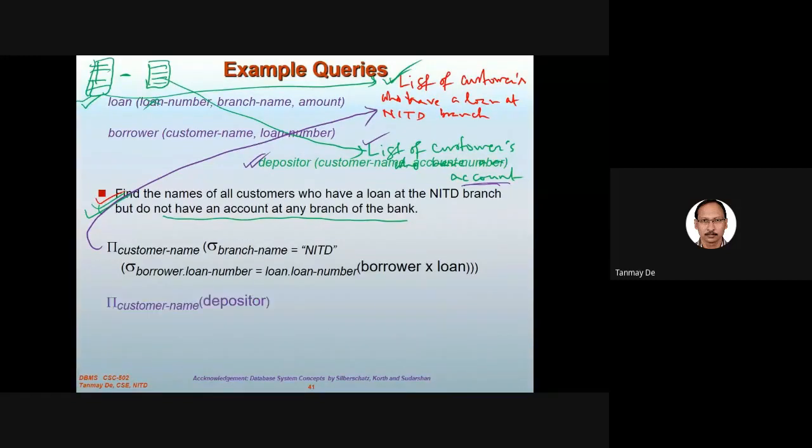Project customer name depositor. So this actually gives us this list, that is, the list of customers who have an account at any branch. And between these two we now perform the set difference operation. This is the set difference. Okay.